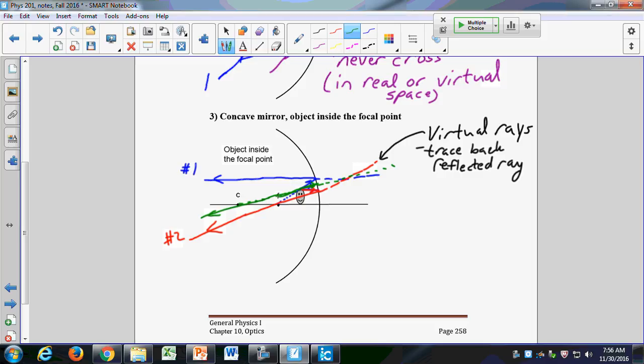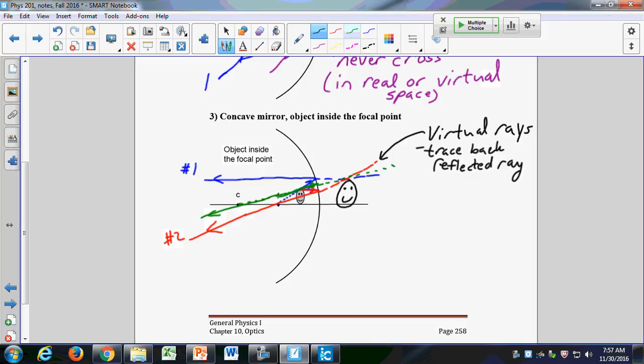And where it crosses here is where I have my image. So my image is going to look like this. It's upright because where the rays cross are on the top side of the optical axis. And so I draw it just like I had here with the same orientation, except now it's bigger.